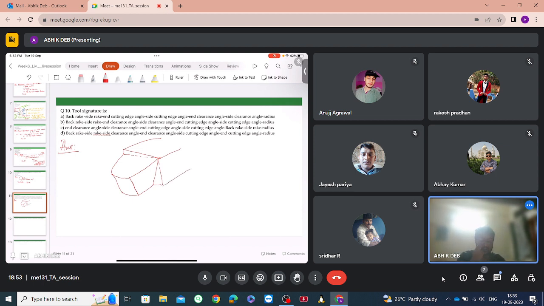So this is a schematic representation of a single point cutting tool. Now, can you tell me the various angles here?